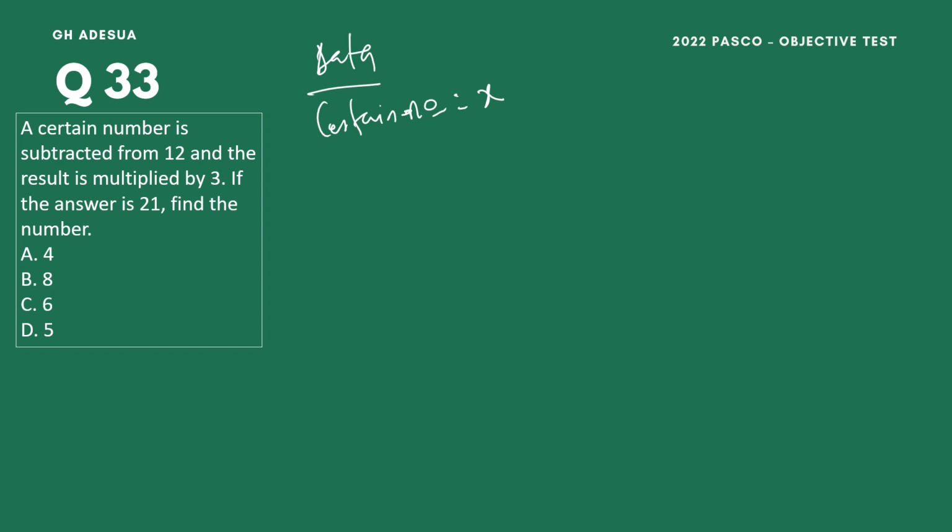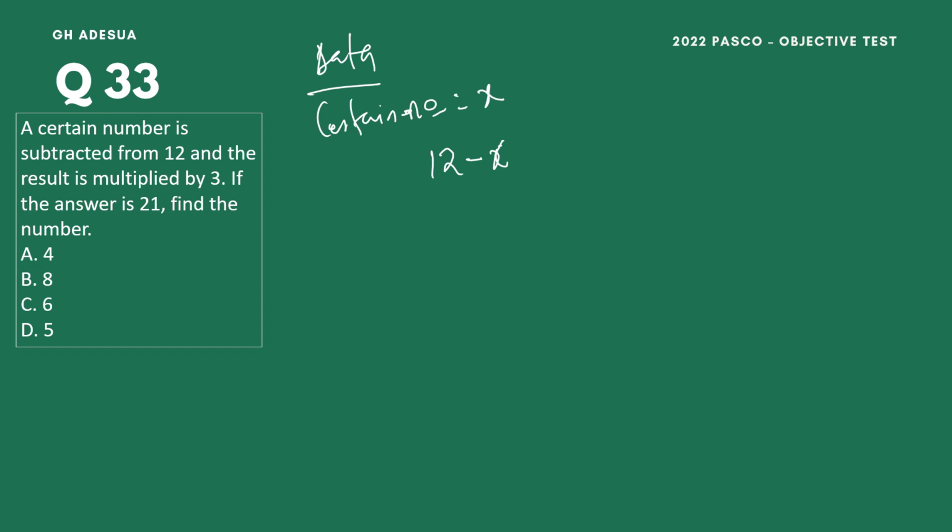So when we want to write that expression, that certain number is subtracted from 12, so it becomes 12 minus x.